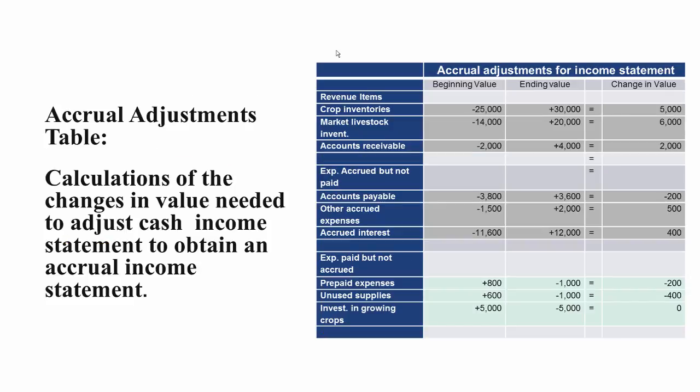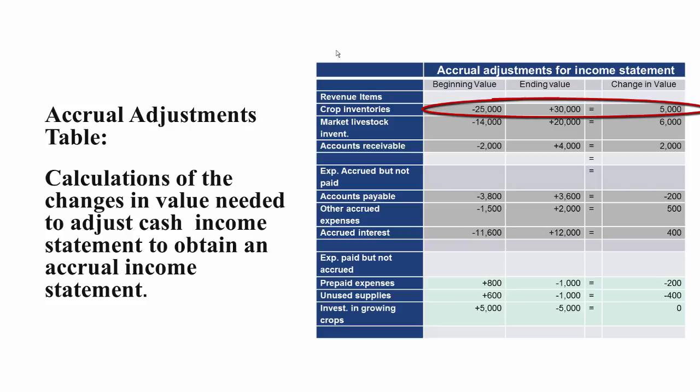This table shows Richard's calculations of the changes that he needs to complete his accrual income statement. Inventory values are taken from the farm's previous and current balance sheets. For example, crop inventories were valued at $25,000 at the beginning of the year and $30,000 at the end of the year, a $5,000 increase.